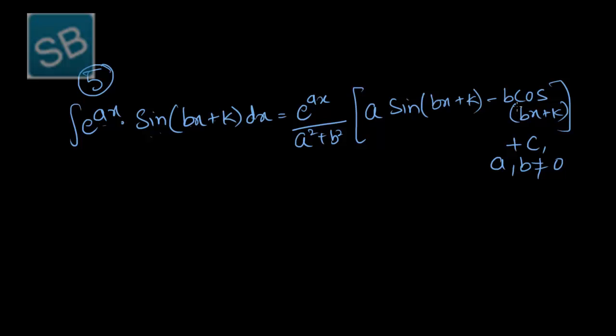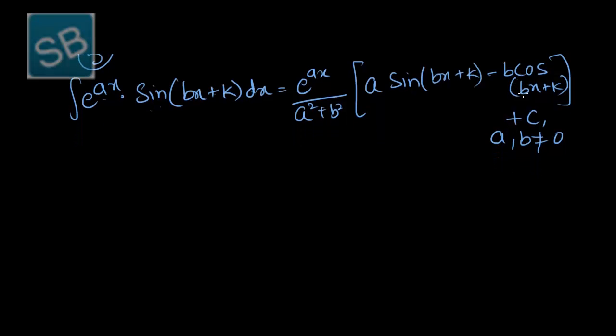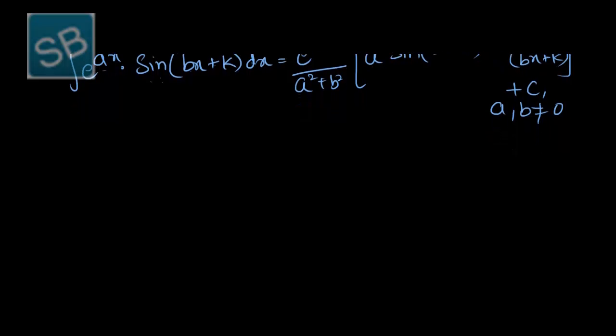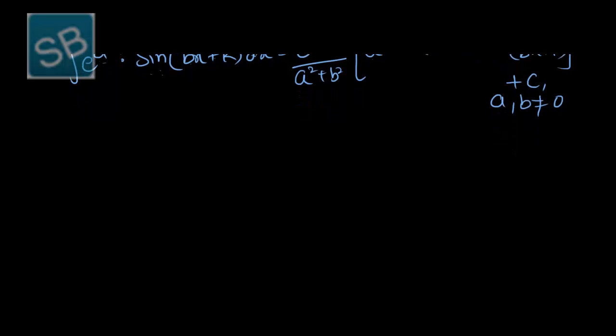So just remember this. We have a and b there, a comes with sine, and cos comes with minus because this is the integration of sine. This is the way to remember this result so that we can use it in problems directly.